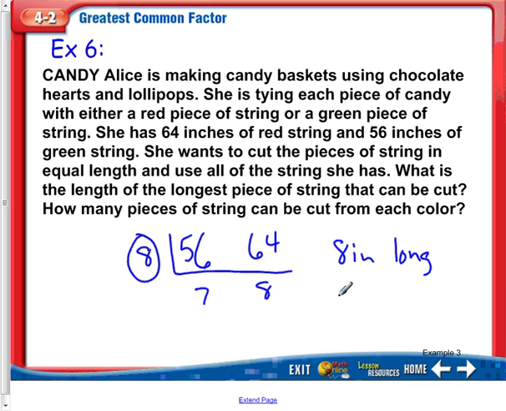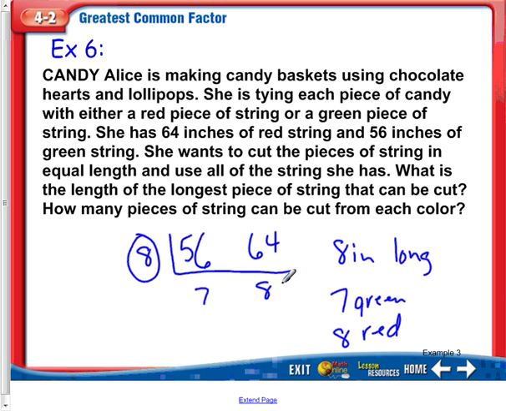And we can make seven of the green strings, and there would be eight, since it's 64 inches of red string, so 8 red.